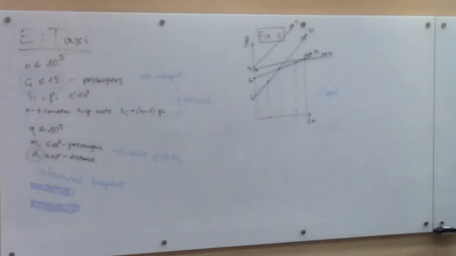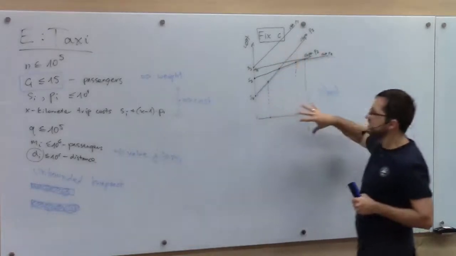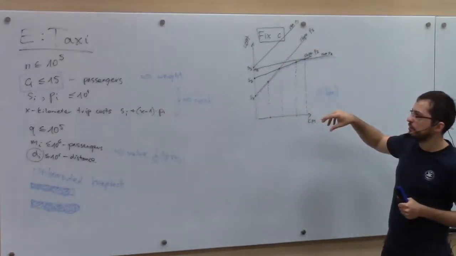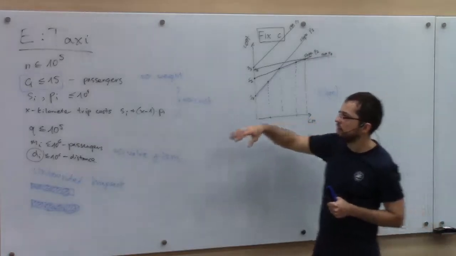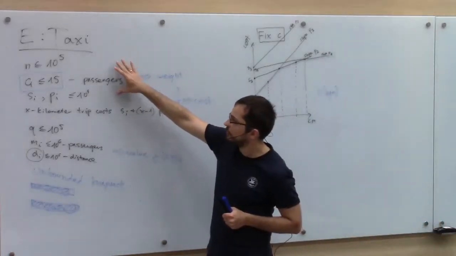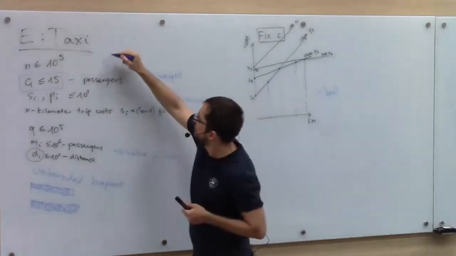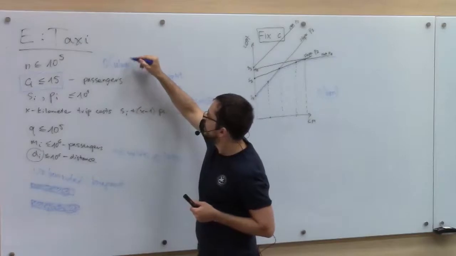Okay, so this was the geometry part of this question. So now we are answering. These structures can be prepared at the beginning. We just analyze all the taxis, and this can be done in time O of n log n.